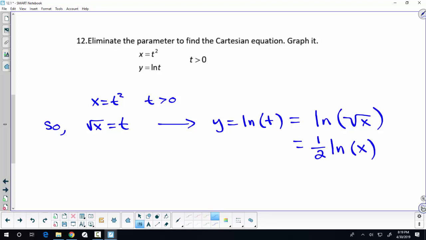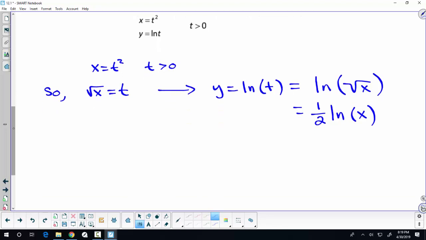And so that's why our restriction is t greater than 0, because of the y. T has to be greater than 0. But 1/2 ln x, hopefully you remember the graph of that. Something to that effect. It's compressed by a factor of 2.